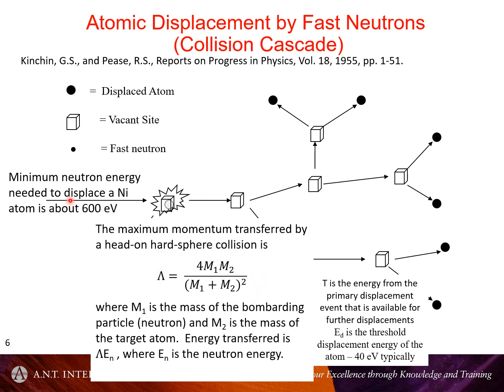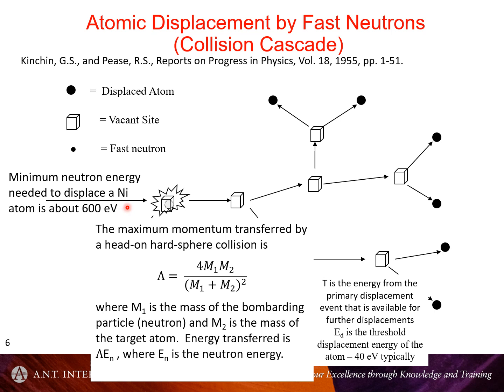Because the neutron is of very low mass, 1 atomic mass unit, compared to something like nickel, which is in the region of 58, because of this transfer of momentum, you need an energy of the neutron to be at least 600 eV, roughly, in order to create a displacement.